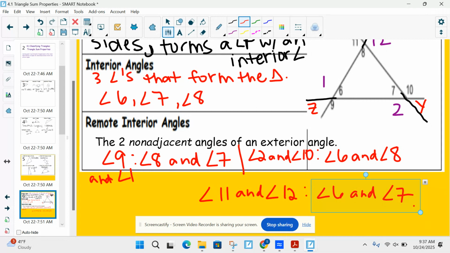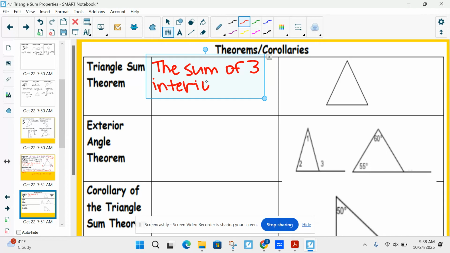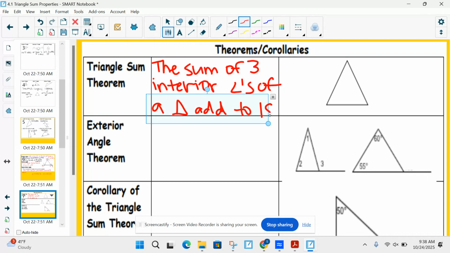Okay, next, some theorems. So the triangle sum theorem says that the sum of 3 interior angles of a triangle add to 180.